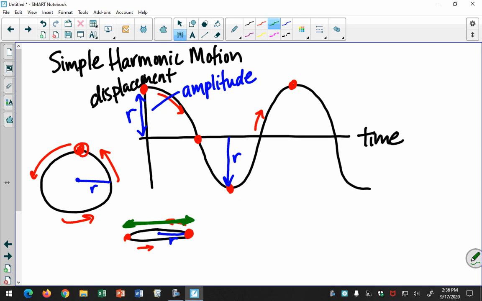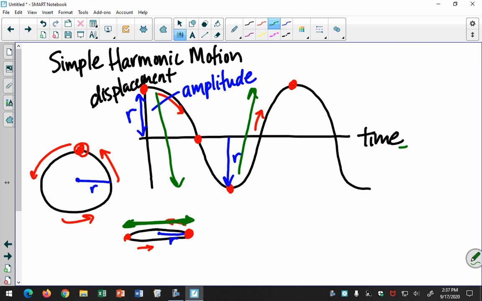So as you see that, you'll see the ball going back and forth with time, right? It's spread out in time, but that's the idea. And radius is half of that motion as it passes the origin. So that is how we think about the distance.